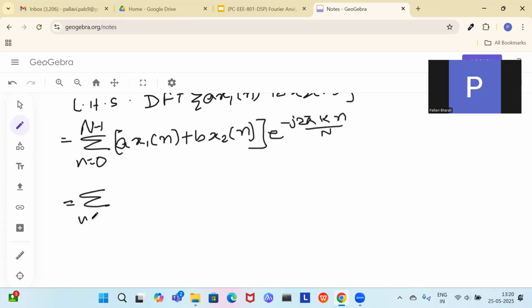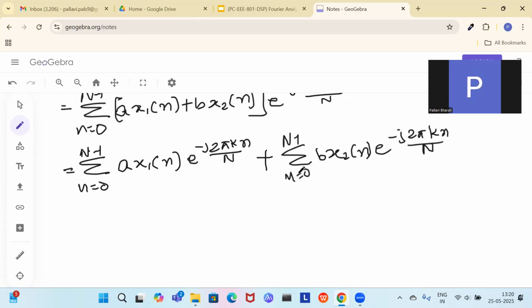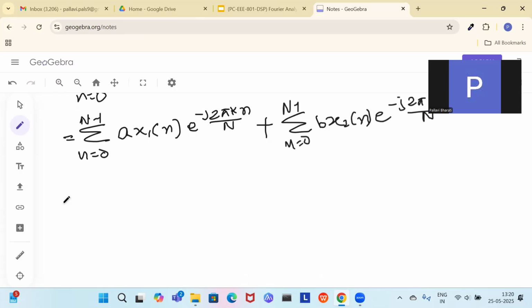Now separate these two. The sum from n equals 0 to N minus 1 of a x1(n) e to the power minus j 2 pi k n by N, plus b x2(n) e to the power minus j 2 pi k n by N, with n equals 0 to N minus 1 here also. Next, take out the scalars or constants.